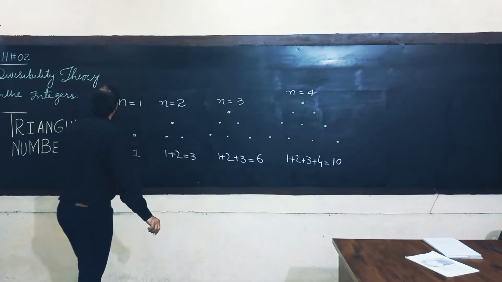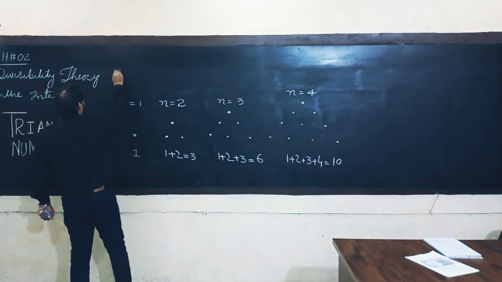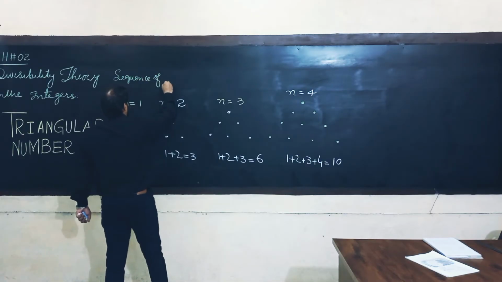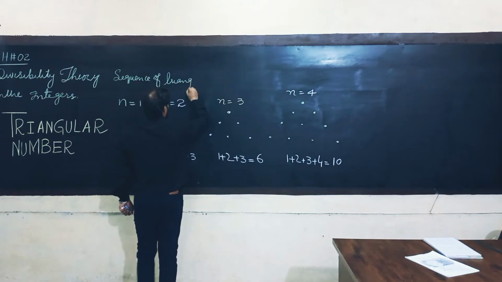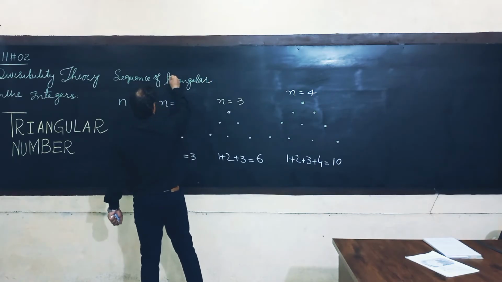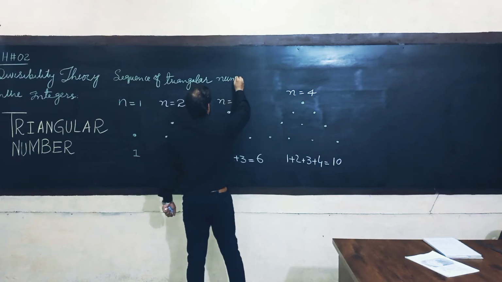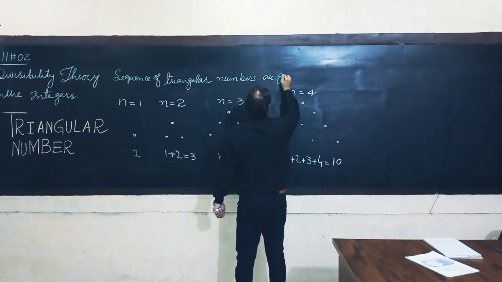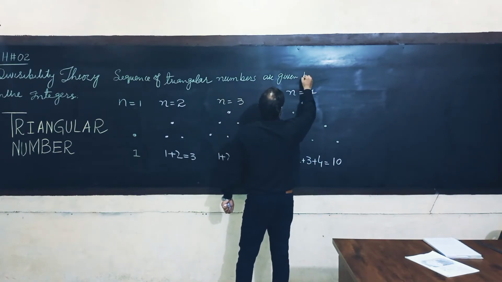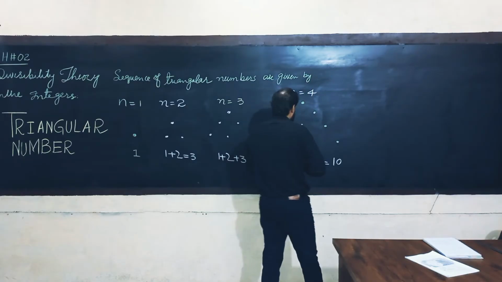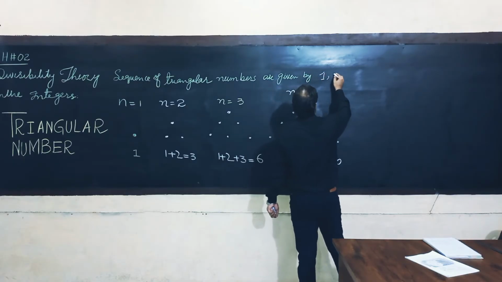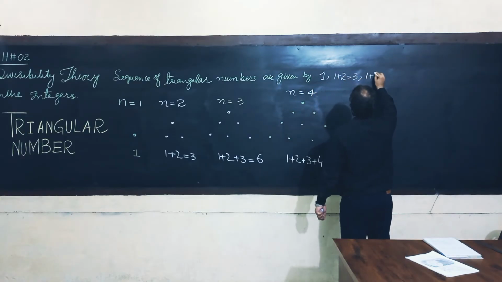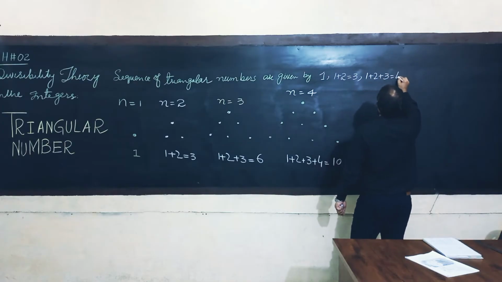So the sequence of triangular numbers is given by 1, then 1 plus 2, which is equal to 3, then 1 plus 2 plus 3, which is equal to 6.